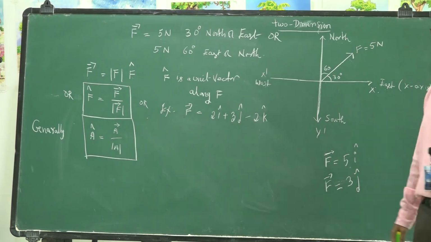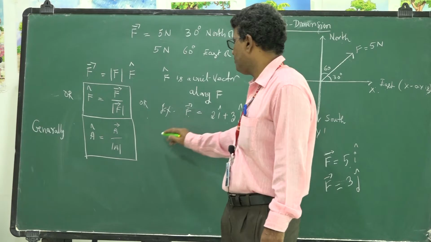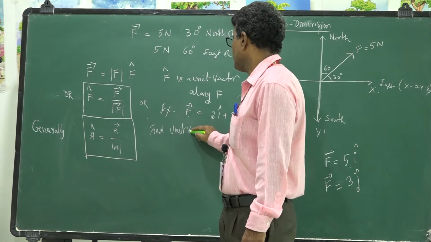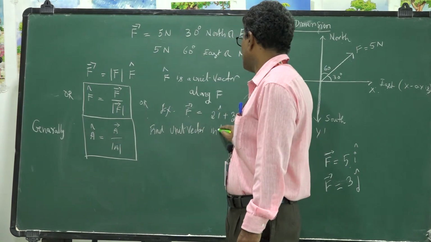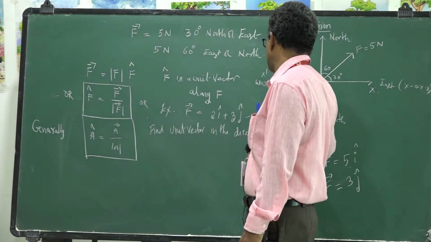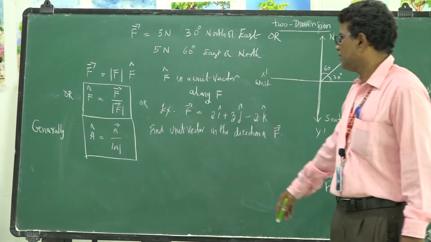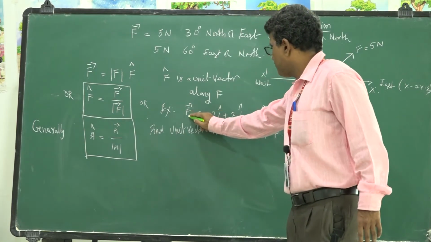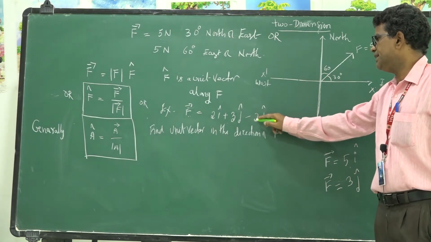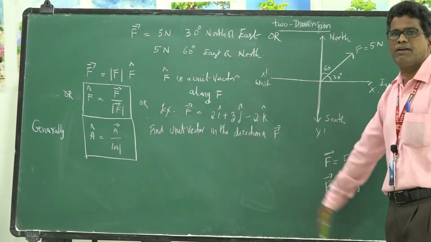Find the unit vector in the direction of F bar. This is the problem. We want the unit vector in the direction of F bar.